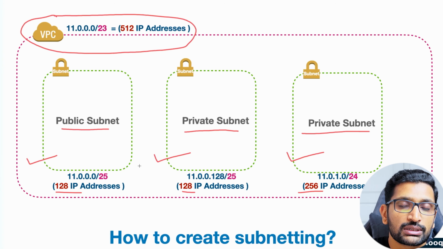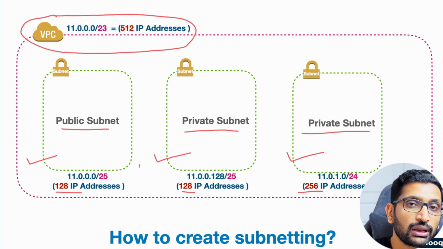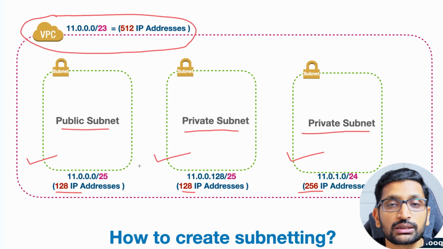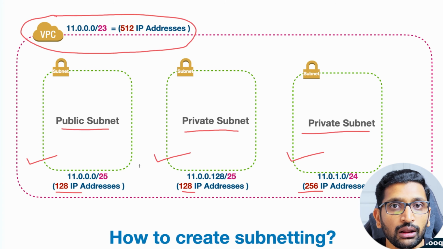So you will always see the CIDR ranges, you will always see the smaller CIDR ranges, and you will always ask questions like which is the VPC, which is the subnet, is it a public subnet, is it a private subnet? Don't worry, I'm going to explain what a public subnet and a private subnet are. But these sorts of questions you are going to face and ask when you are working with networking.